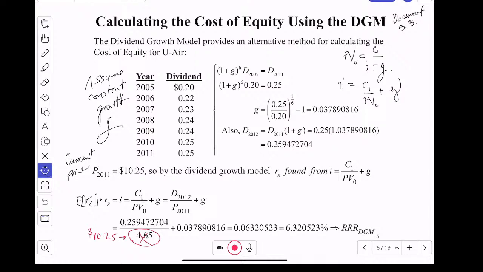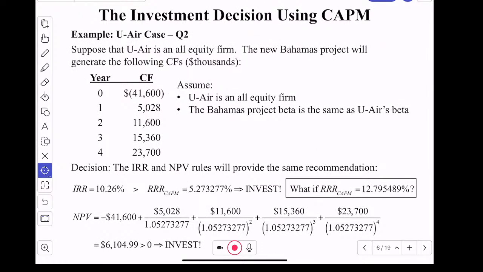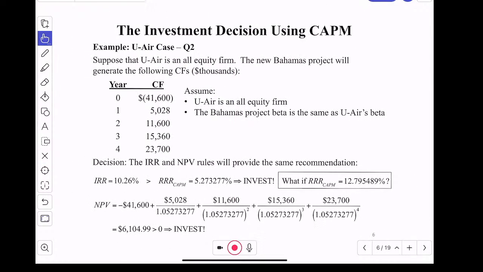We're going to look now at the UAir case. Remember, we already have the total project cash flows projected. So either of these are easy to compare with the internal rate of return. So let's look at that.